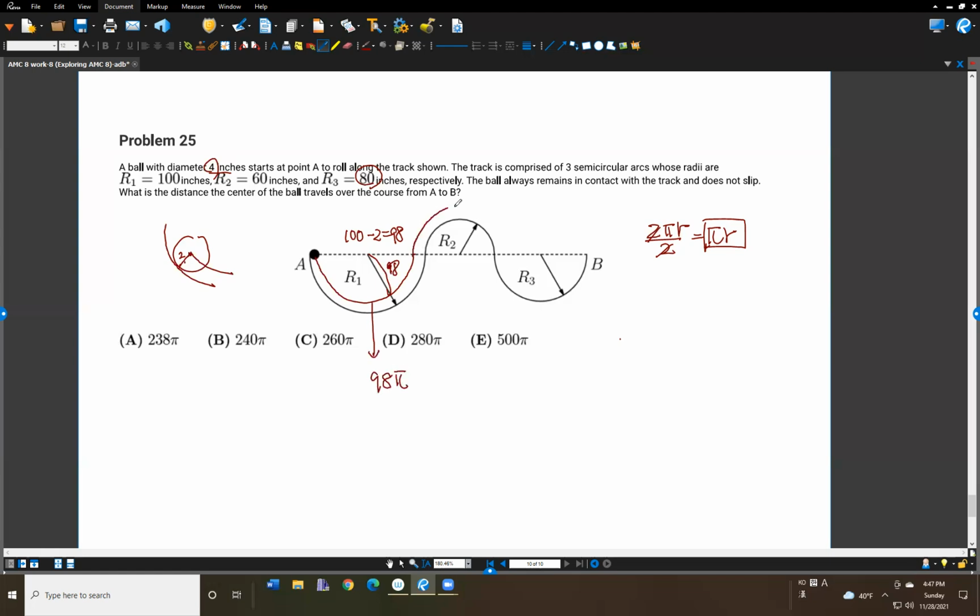This one will keep going over here. This is 60 plus 2 again, that is 62. So the next one is 62 pi. The next one, take away 2, 80 minus 2 is 78, that's the radius, and times pi, the length of arc is 78 pi.